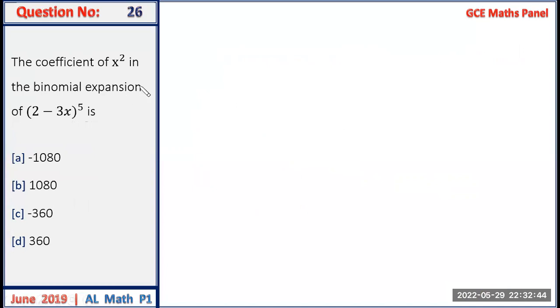Okay, now the coefficient of x squared in this binomial expansion is... So the x squared term should normally be the third term, right? In this expansion, our A is 2, our r, that's our rth term, should normally be 2 plus 1. Our B is minus 3x, our N is 5.